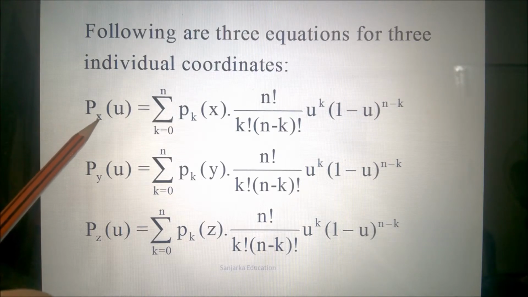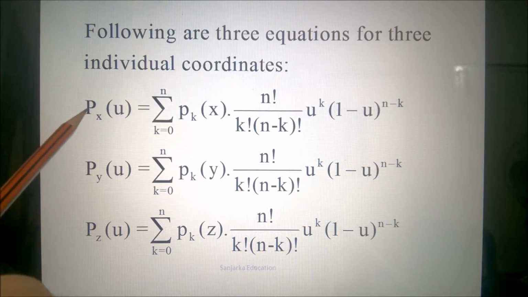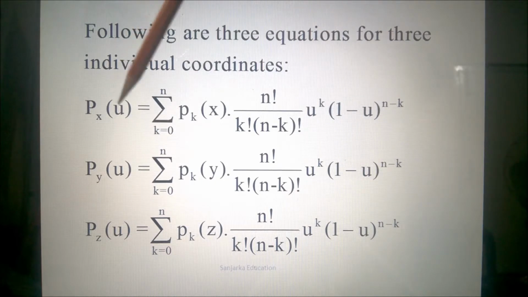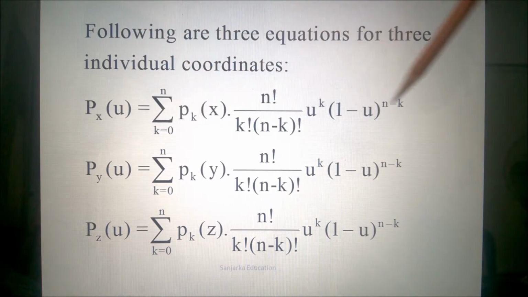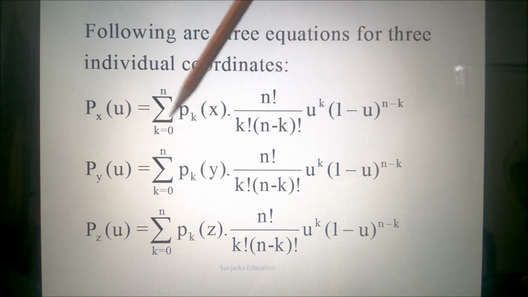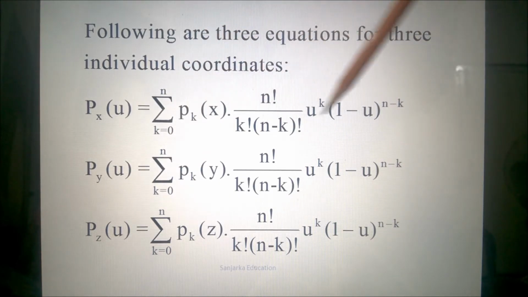This is the x coordinate of a point on the curve for a particular value of u, and to find that we have to use this expression, and it will be very clear when we take up an example.